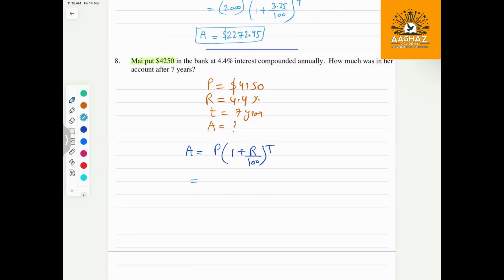Now we will put all values here to find out the answer. So P value is 4250 times (1 + R/100). And what will be the R? R is 4.4. And whole power T, that is 7 years. Okay, so in this way we can find the A value.